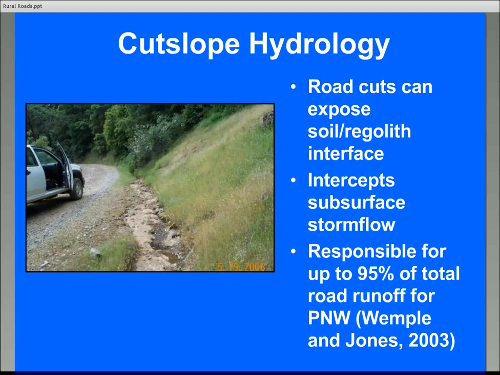Here's a figure from a paper by Alan Ziegler. On the y-axis, you have saturated hydraulic conductivity, and those horizontal lines represent median or mean rates of saturated hydraulic conductivity for various land use features such as forested areas, agricultural areas. But I want to draw your attention to those horizontal lines representing roadside edges and road surfaces.